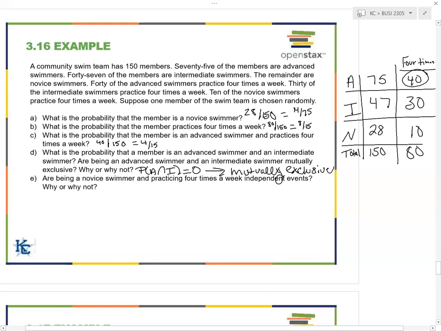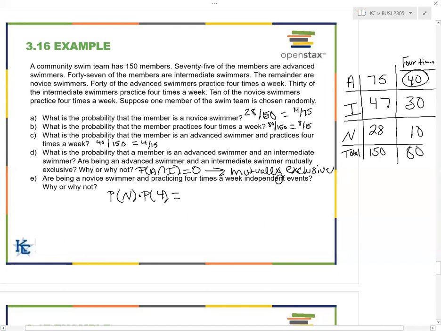Are being a novice swimmer and practicing 4 times a week independent events? Why or why not? We can check any of the independent rules. We just looked at one independent rule where we look at the probability of being a novice times the probability of practicing 4 times a week.